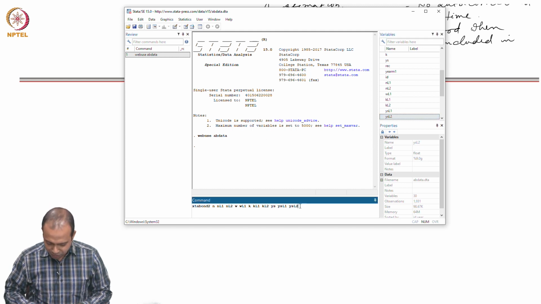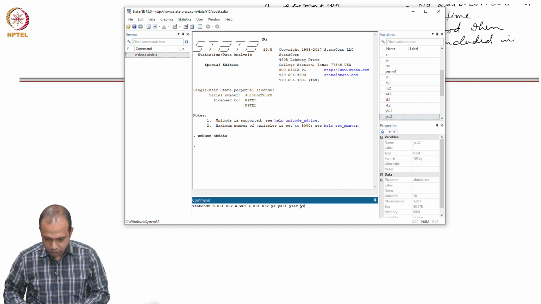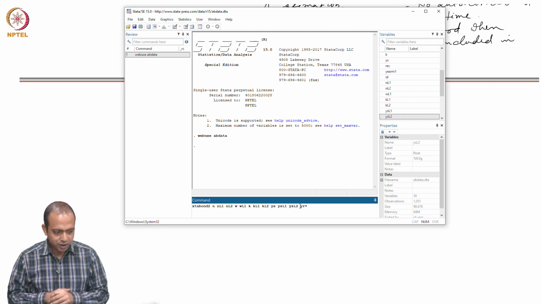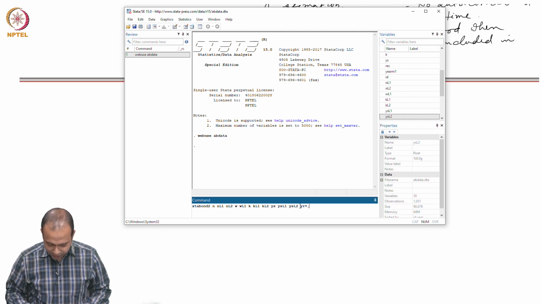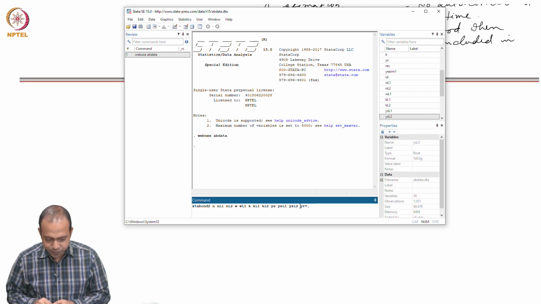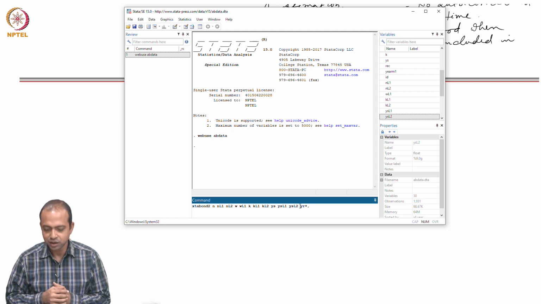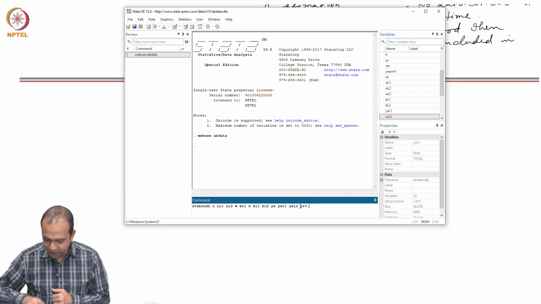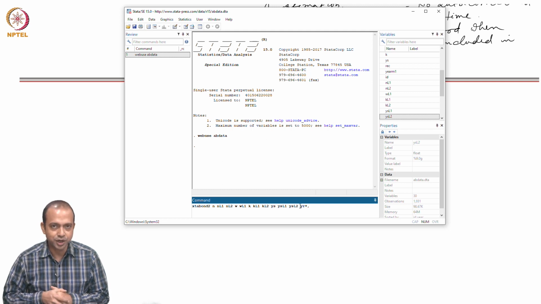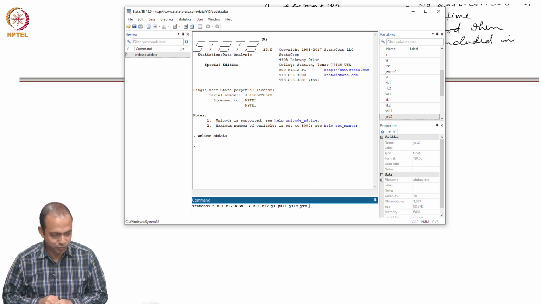So, within the GMM style, what I am assuming is that only nL1 is my endogenous variable, and I am now specifying the lag also. I will not take whatever lag is available, rather I will take only 2 to 5, right. So, this is GMM style.